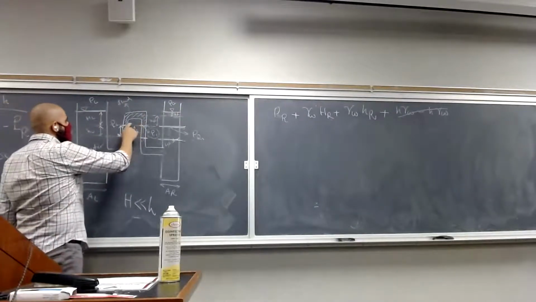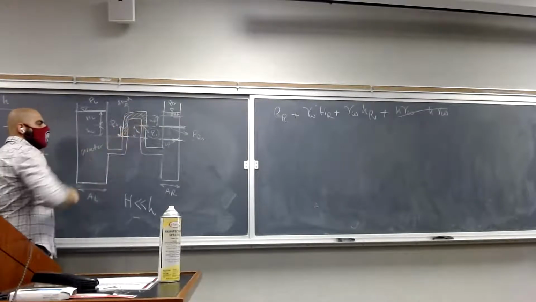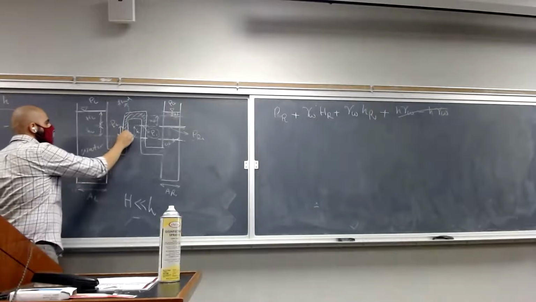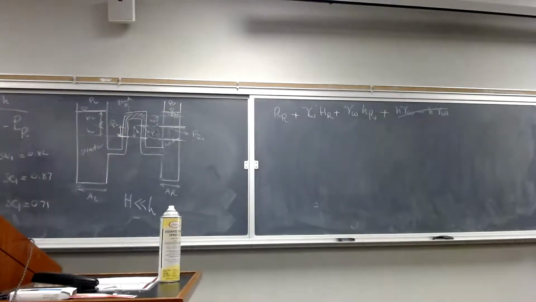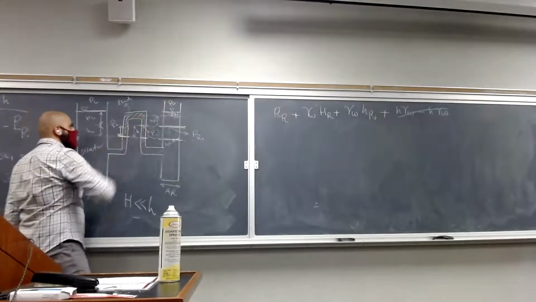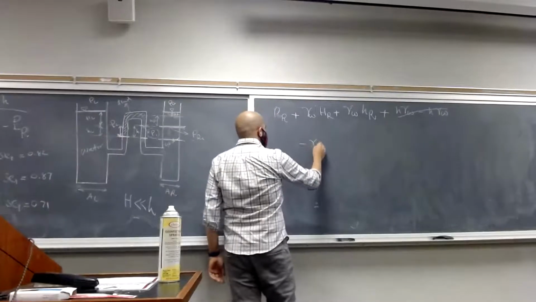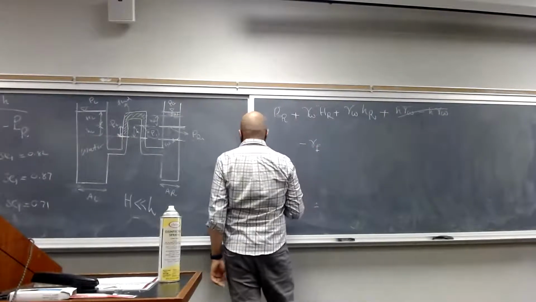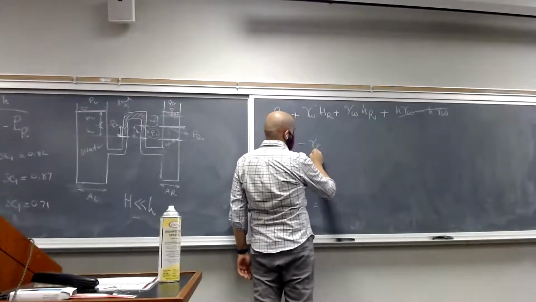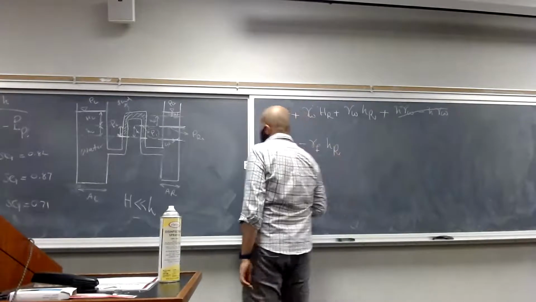But then the next step is to move inside this manometer fluid to this location. Again, we are moving upwards in this direction. So you're going to get negative gamma F. Your pressure is going to reduce. This is gamma of fluid, whatever fluid that is, multiplied by HR.